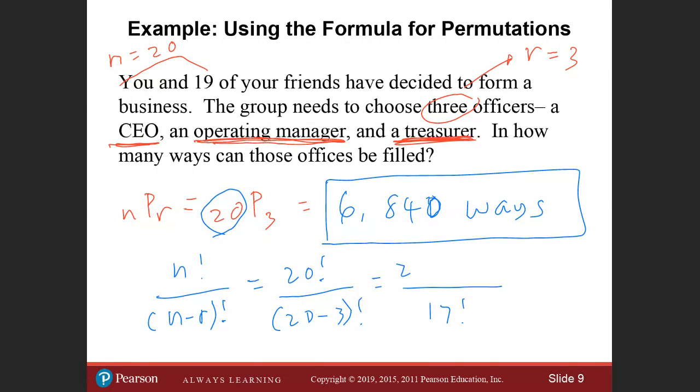On the top, you have 20 and break this down in descending order: 19, 18, and then we reach 17 here. We'll just leave that as a factorial so we can cancel that out. So this cancels out, and then multiplying 20 times 19 times 18, it gives you 6,840 ways still. So it's just the same answer.